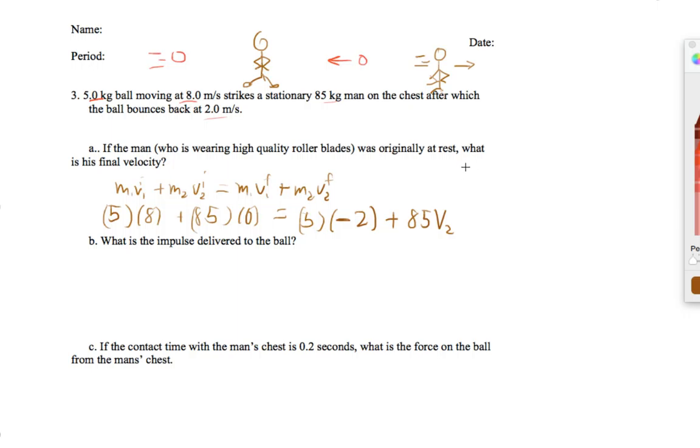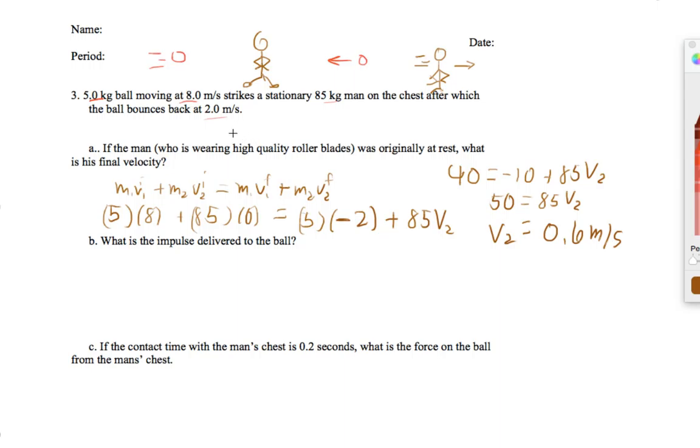So we end up getting 40 equals negative 10 plus 85 V2. So 50 equals 85 V2. And when you finally solve for V2, that is going to end up being 0.6 meters per second.